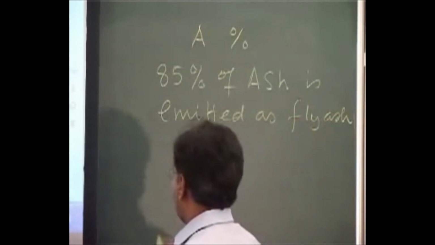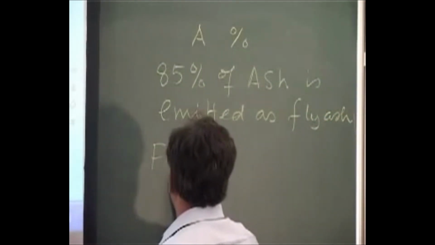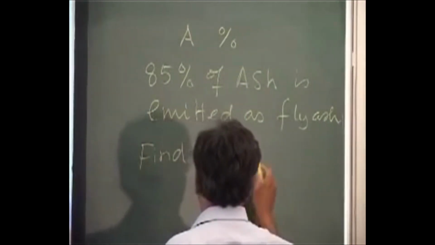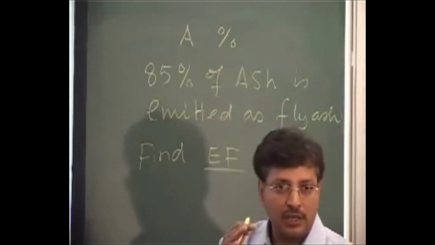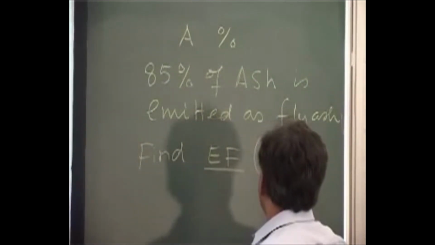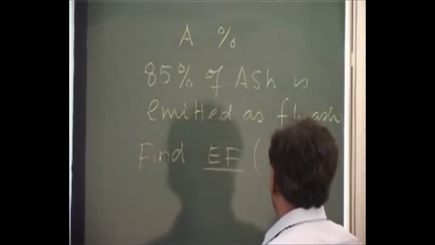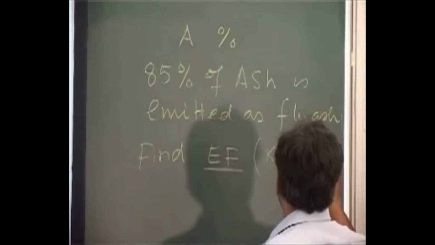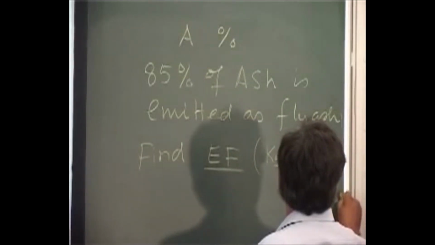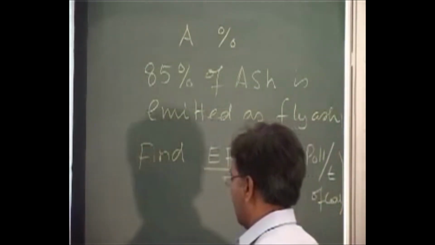Find the emission factor. Generally, it is not a standard thing, we write emission factors in kg of whatever pollutant we are talking about per ton of fuel or coal.